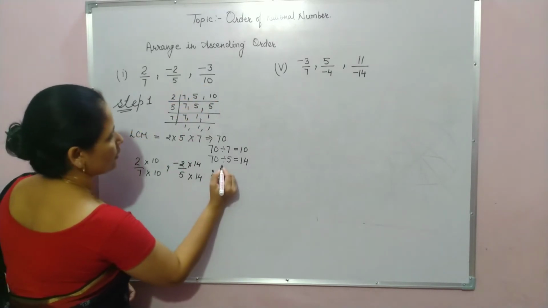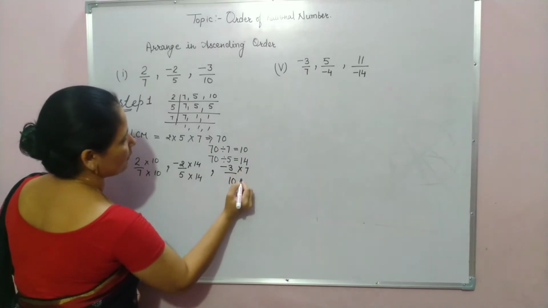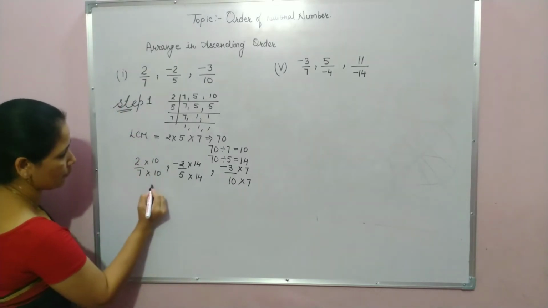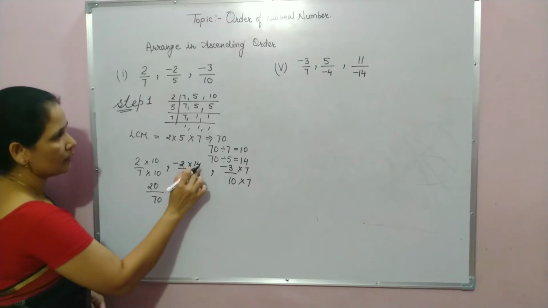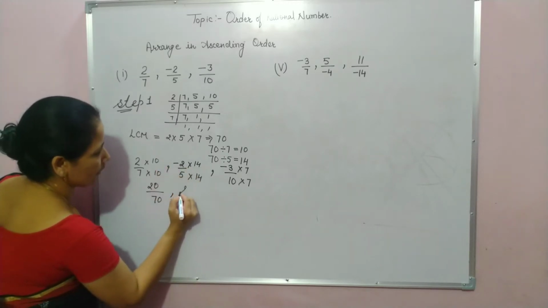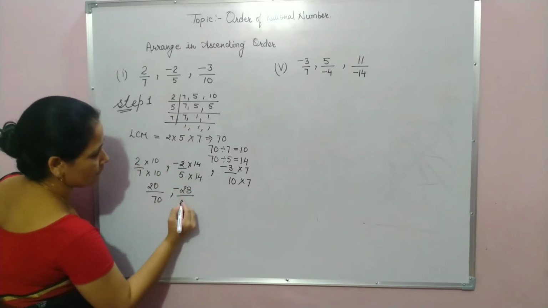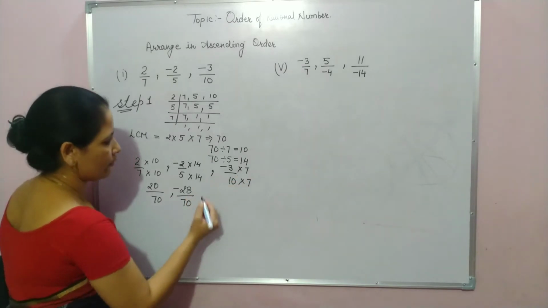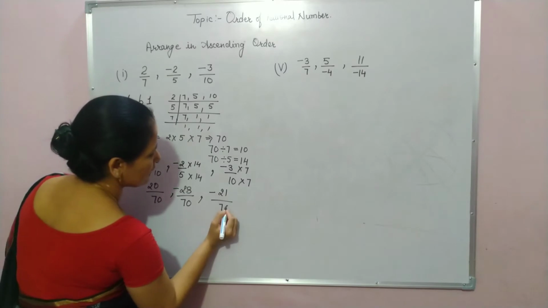So the third rational number, minus 3 by 10, is multiplied by 7. Now 10 twos are 20 and 7 tens are 70. First one: 14 twos are 28, with the minus sign, and 14 fives are 70. Then 7 threes are 21 and 10 sevens are 70.